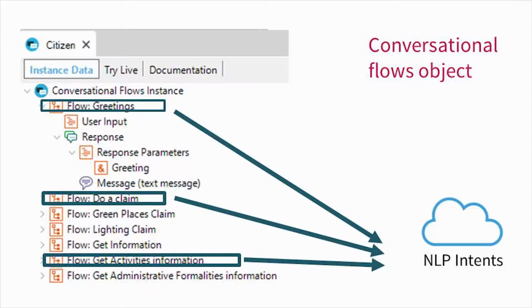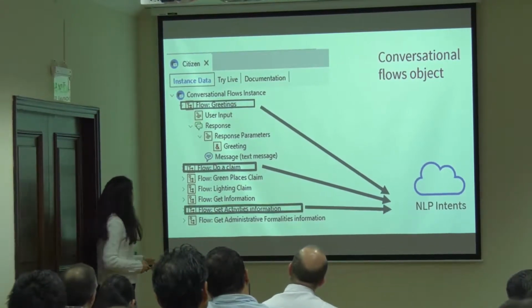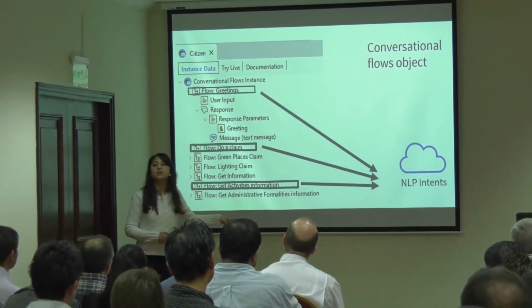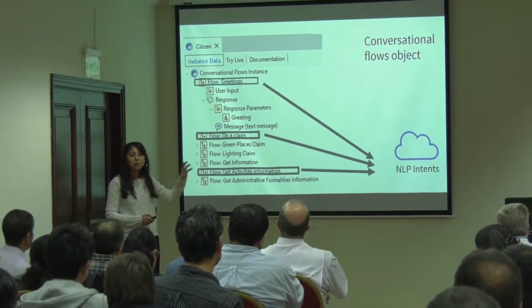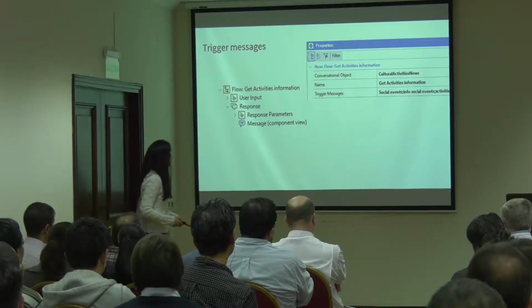In the case of citizen services, there will be a flow for greetings, another one to do a claim, another one for a problem with sewage, the other one to get outdoor activities information. All are flows inside my chat, and this is a representation of my conversational flow. The important thing is that when I generate this object, these intents are created automatically in the provider.